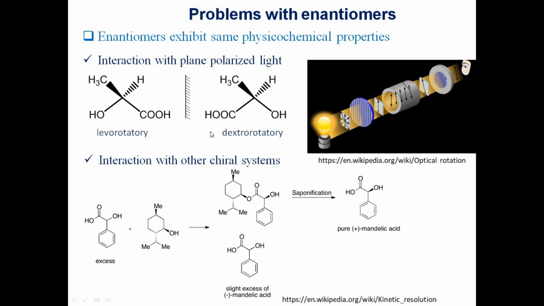So levorotatory and dextrorotatory enantiomers interact with a chiral reagent differently. For example, if the levorotatory enantiomer interacts with a chiral agent strongly, then the other enantiomer will have loose interaction.